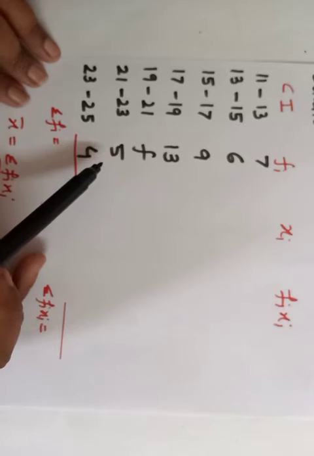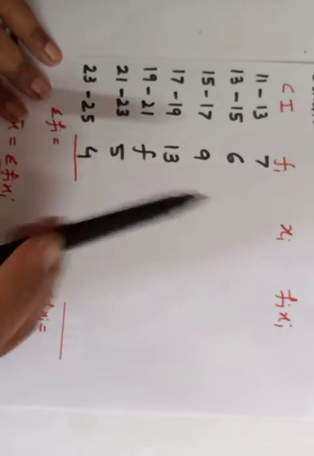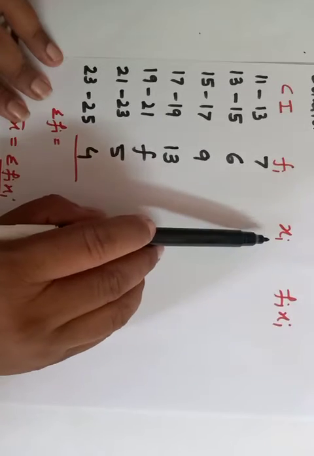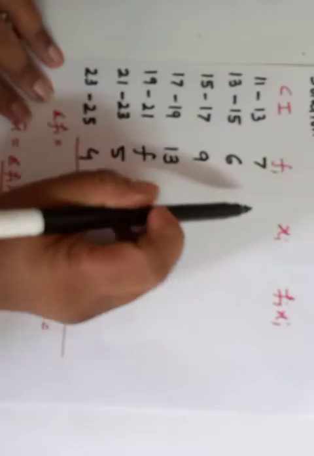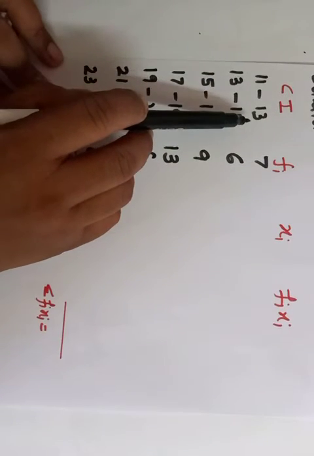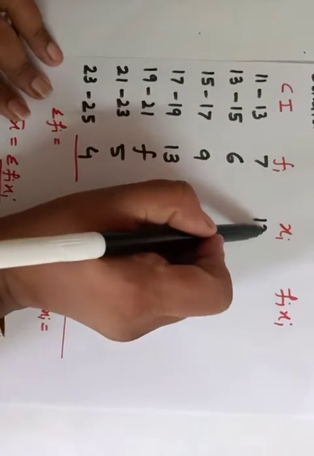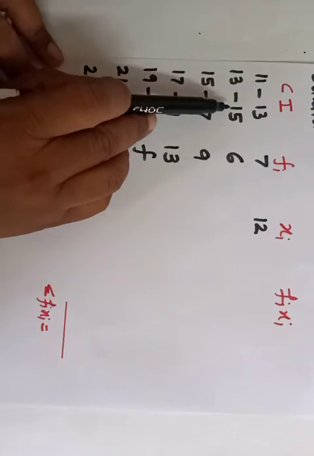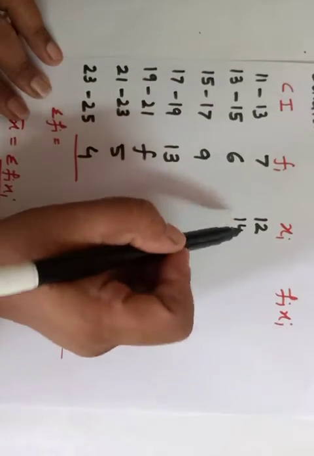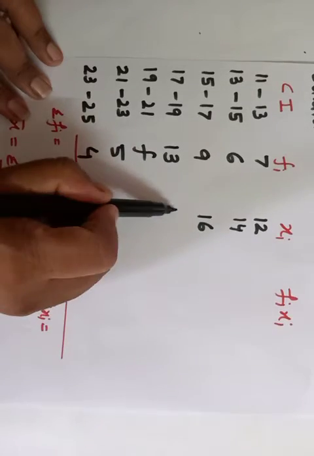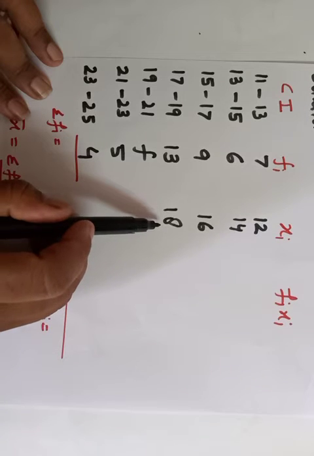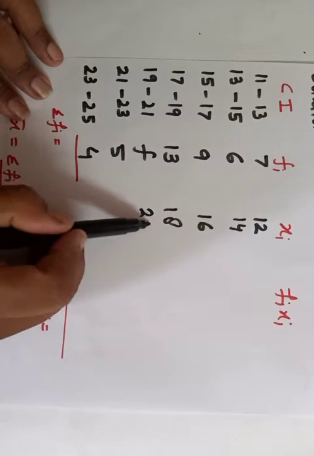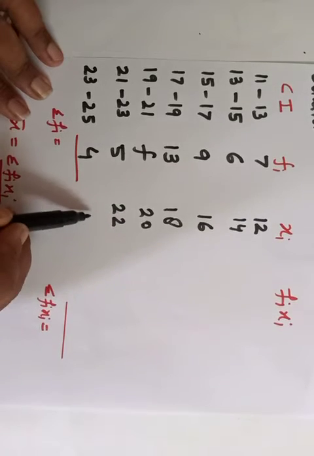As the mean is already given to us, we need to find out first of all the class mark. Now let's find the class mark. As I already told you, 11 plus 13 whole upon 2 is 24 upon 2, that is equal to 12. 13 plus 15 upon 2 will be 14. 15 plus 17 upon 2 is 16, 17 plus 19 upon 2 is 18, then 20, then 22 and 24.